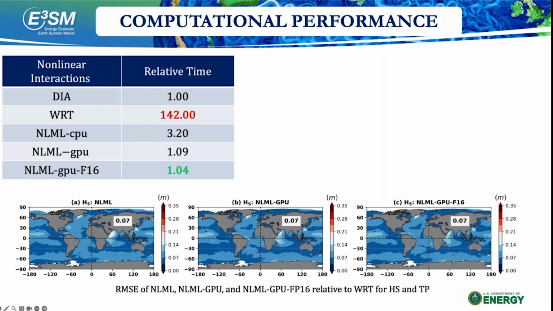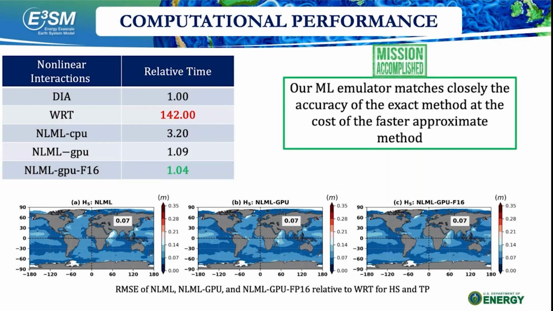And we can see here that we are not introducing new errors, and then we can go forward with the half precision inference as our standard model for the ML. So our mission has been accomplished. We have an ML emulator that matches closely the accuracy of the exact method at the cost of the faster approximate method. So it's fast and it's accurate.